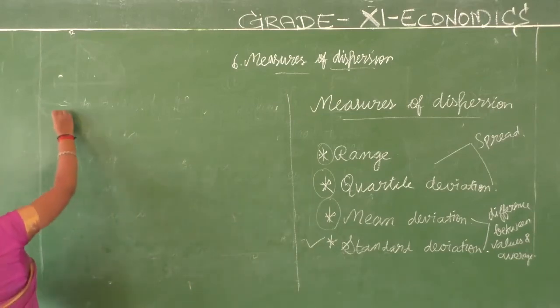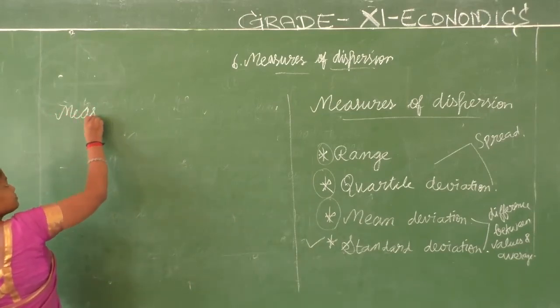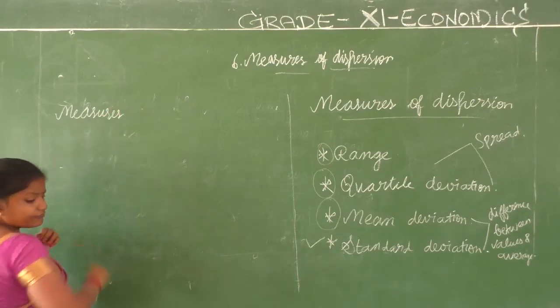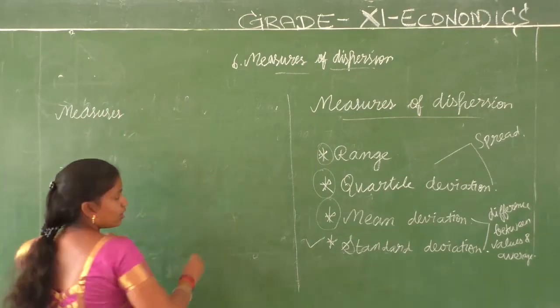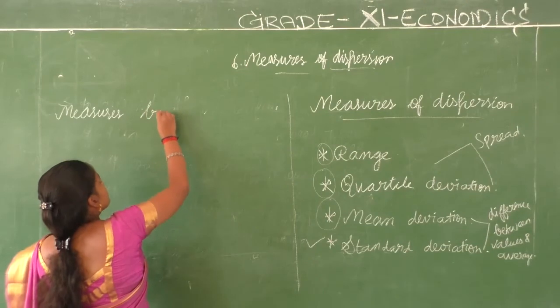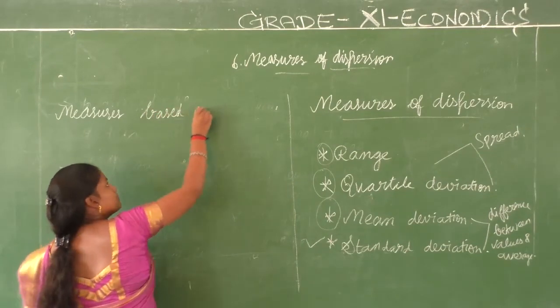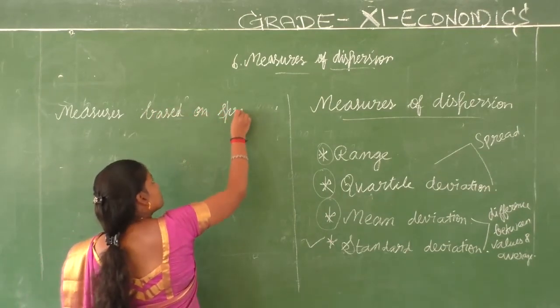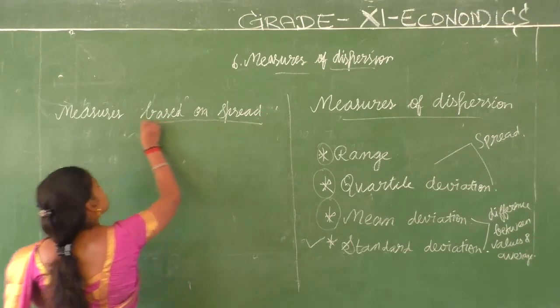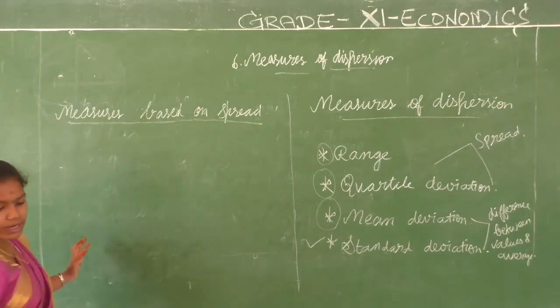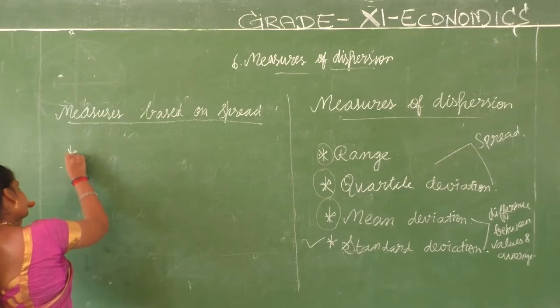Right children? So measures of dispersion based on spread of values.